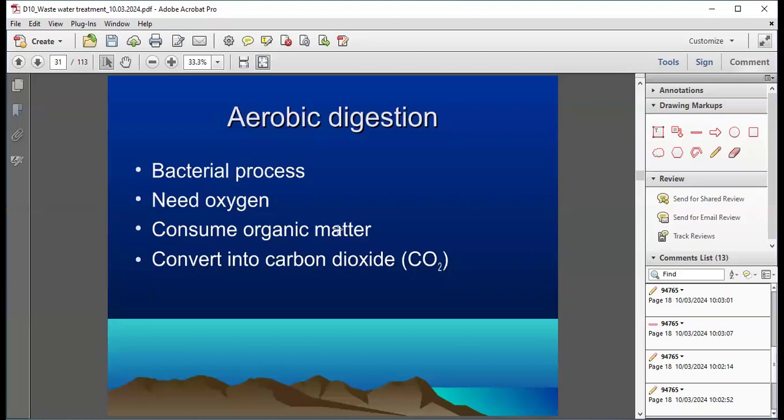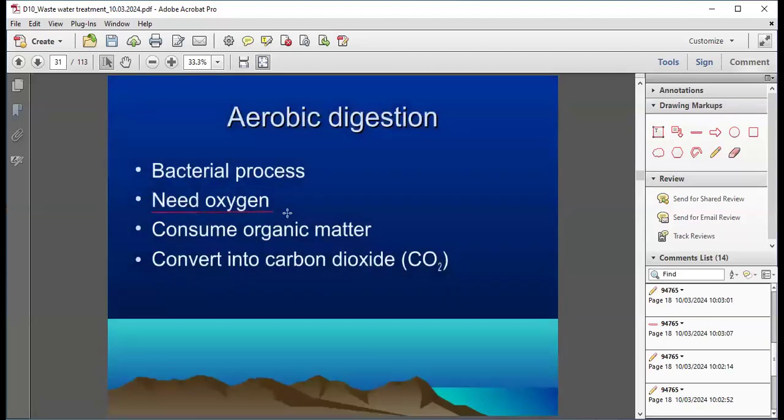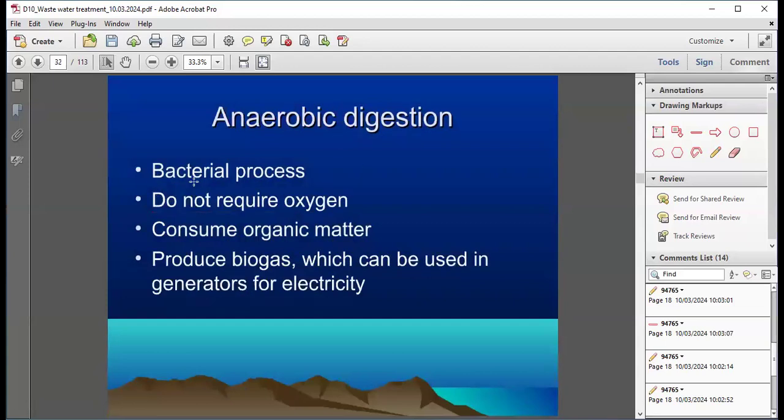Aerobic digestion, a bacterial process, needs oxygen. Here you see, it needs oxygen, consumes organic matter, and converts it into carbon dioxide. Anaerobic digestion, a bacterial process, does not require oxygen, consumes organic matter, and produces biogas, like I already told.